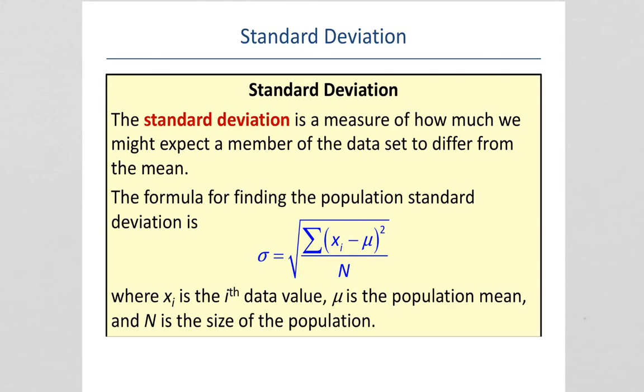So the standard deviation for a population, notice it is different for a population and a sample. For a population, it's the square root of the sum, that's what that Σ thing is, of each data value minus the mean, squared, divided by the number of data values in the population.